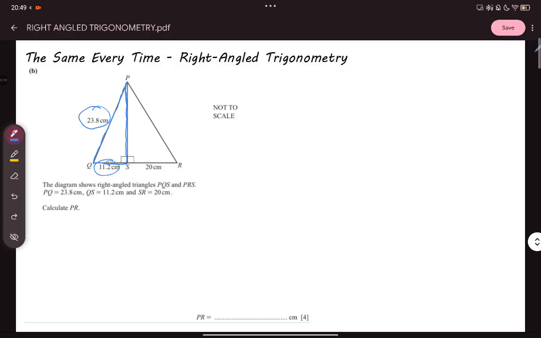And are they asking me to find the longest side or one of the shorter sides? Well, the longest side is always the side opposite the right angle. So in this case, 23.8. And P to S is one of the shorter sides. So it's going to be square, square, subtract, square root.